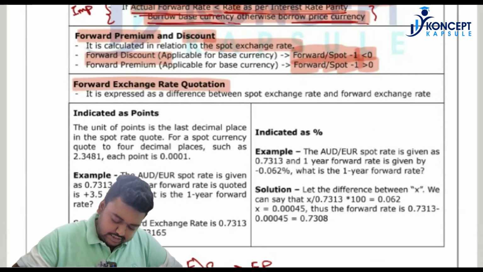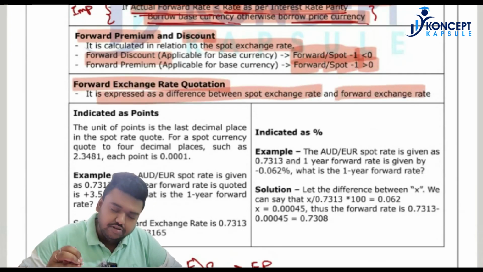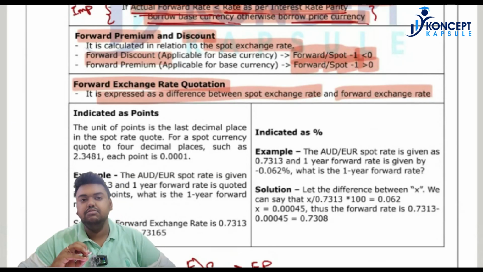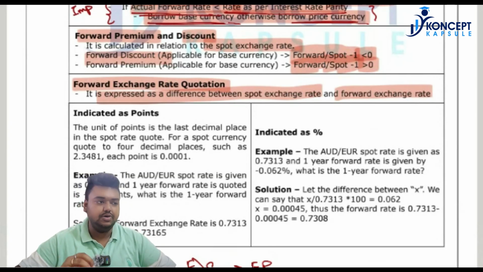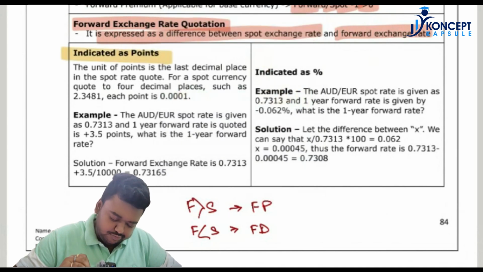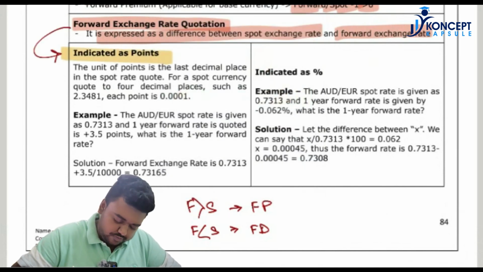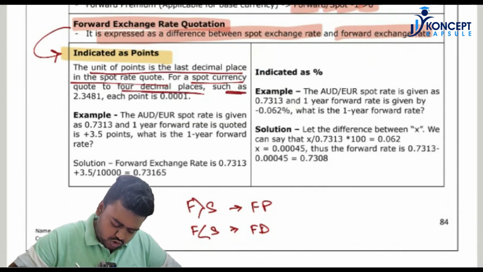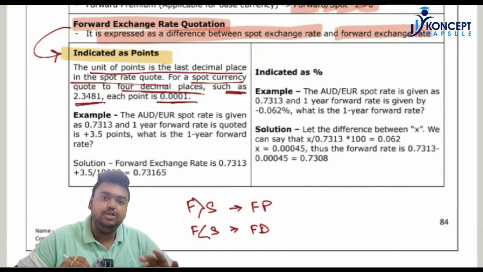Forward exchange rate quotation. It is expressed as the difference between spot exchange rate and forward exchange rate. Nothing to worry about, simple theory. It is indicated as points. We will see how. The unit of a point is the last decimal in the spot exchange rate quote. For a spot currency quoted up to 4 decimals, such as 2.3481, each point is 0.0001.